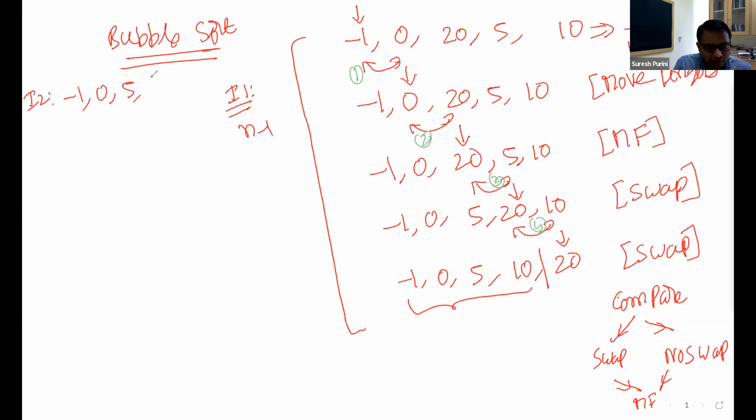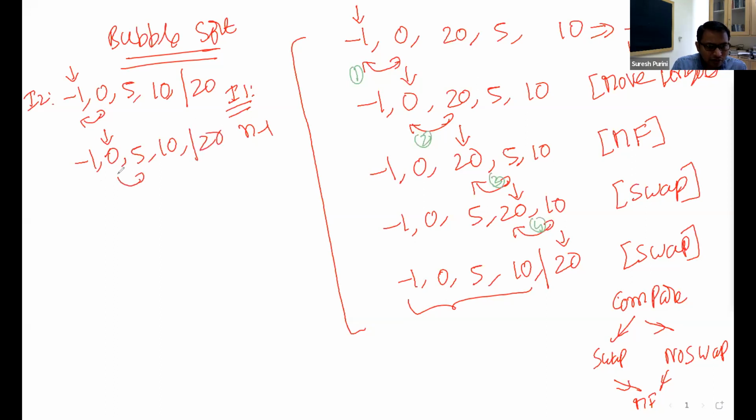Minus 1, 0, 5, 10. The element 20 will be there, but we don't consider element 20 because its position is fixed. So we don't consider element 20 and we put our finger on minus 1. We compare minus 1 with 0 and minus 1 is less than 0. So what happens? The list will be the same, and the state of the list remains the same. It's not going to change.